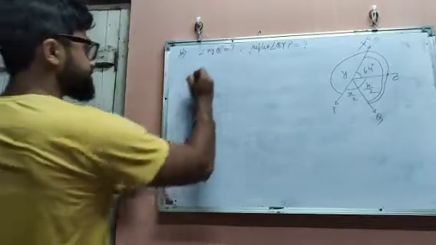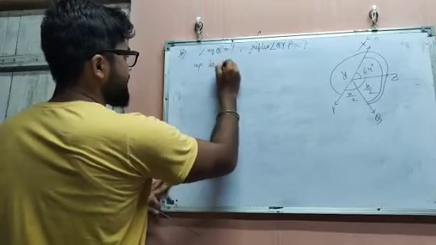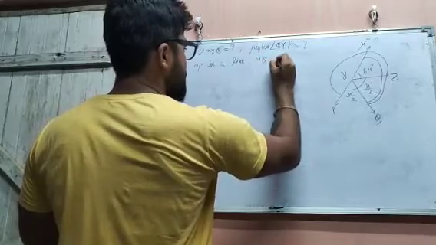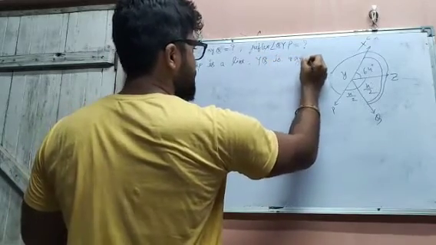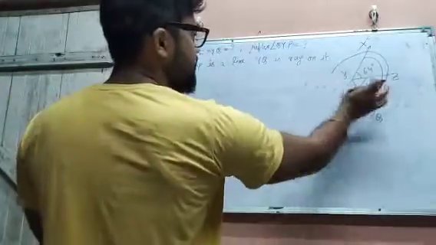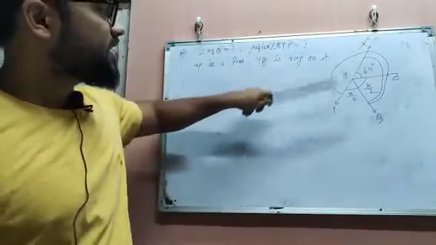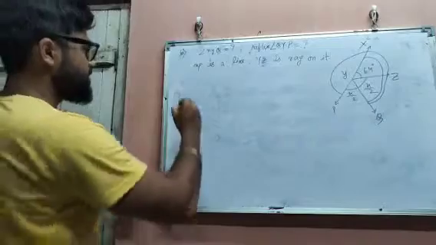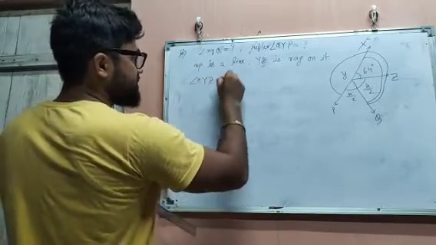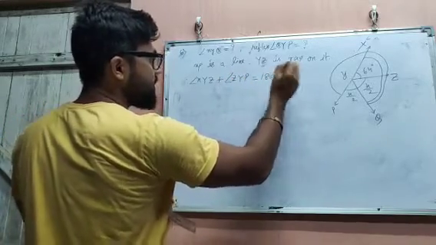Okay, so how to write? XP is a line and YZ is a ray on it. Therefore angle XYZ plus angle ZYP equal to 180 degree.